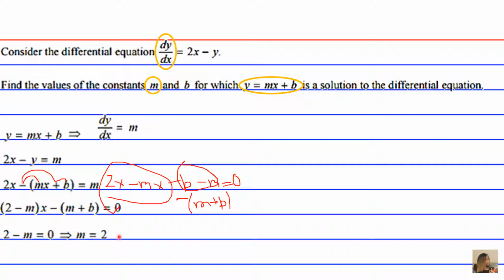And now we can take things a little bit further. If we pretend that this is 0, we're left with negative m plus b on the left-hand side. And again, if we distribute the negative sign to the m and the b, let me show you what I'm talking about.